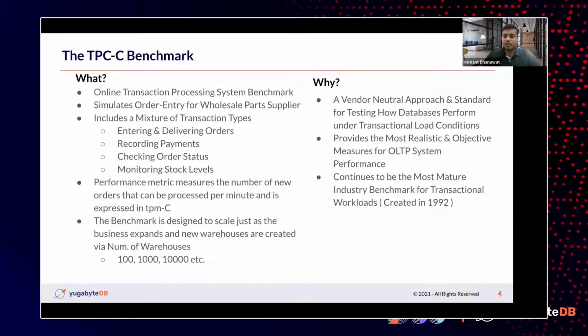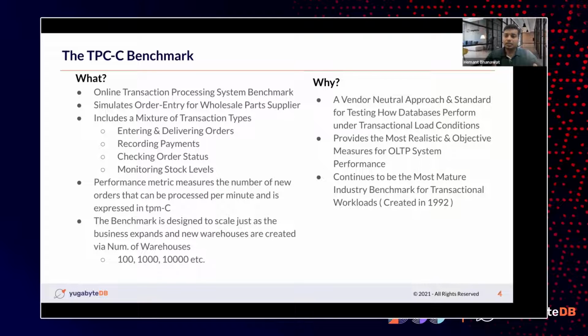The warehouse is a way to scale. So when you say that we have about 150K warehouses, that means you have about 1.5 million operators working together to enter the data, and maybe check the status of the data. So this is how the whole setup is.